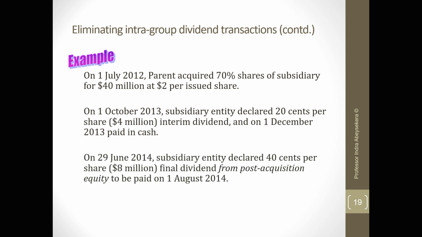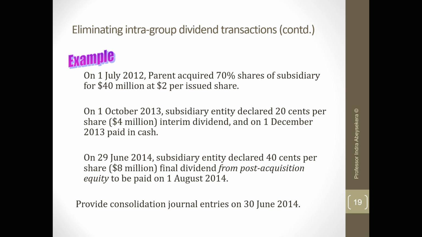That's the interim dividend. And on 29th of June 2014, the subsidiary declared 40 cents per share, 8 million dividends, which is a final dividend from post-acquisition equity, that is the profit collected after the acquisition, to be paid on 1st of July, 1st of August 2014. So it's after the year end that it is going to be paid.